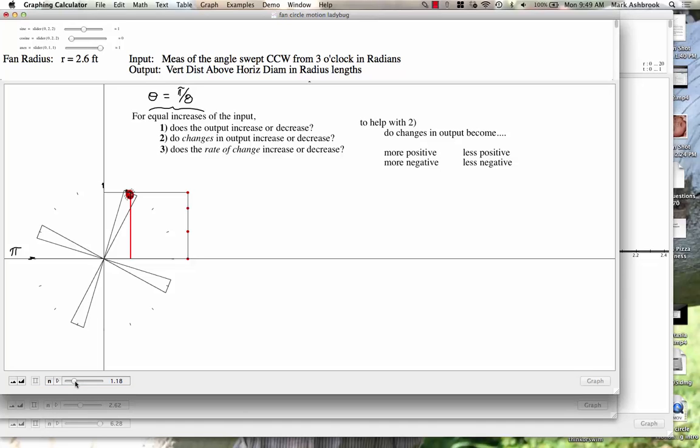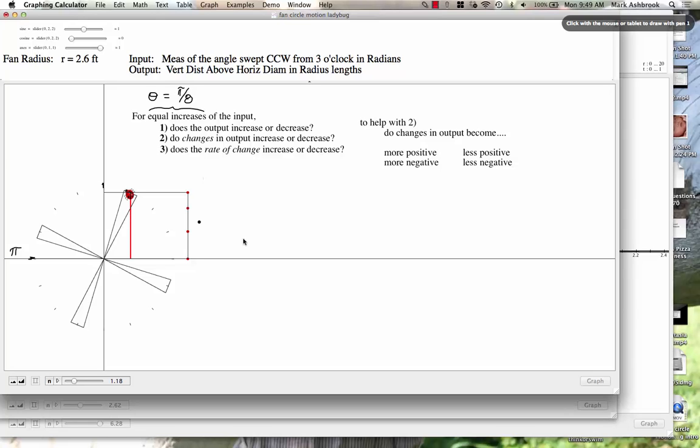So here was the first change in the bug's vertical position, from here to here. So let's focus here. And then the next vertical change was from here to here. And then this third one was here to here. These changes are positive because that vertical distance is increasing. Are those changes getting more positive or less positive? Less positive.